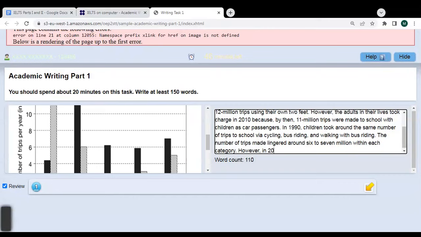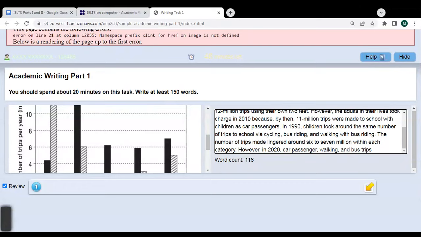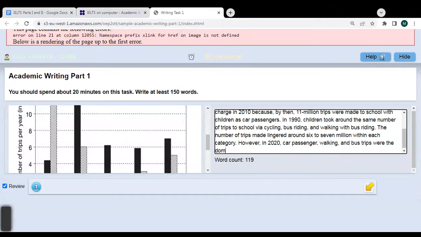In 2010, however, rather in 2020, car passenger, walking, and bus trips were the dominant modes of transportation.